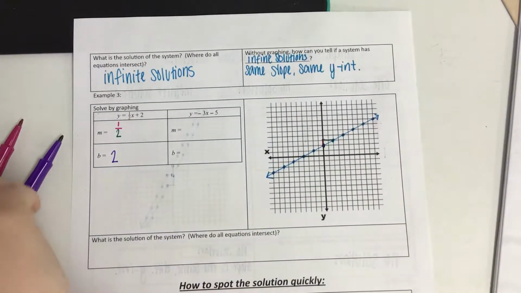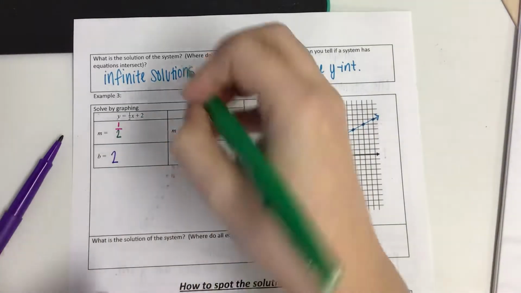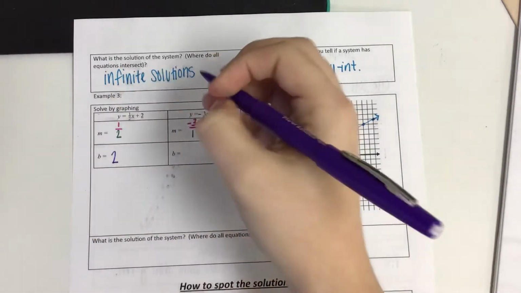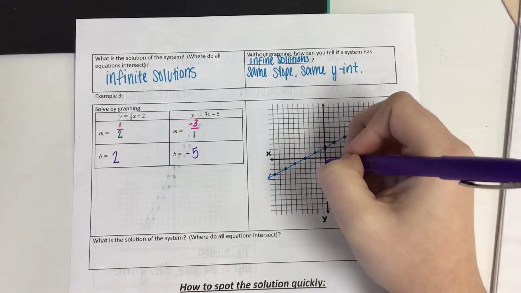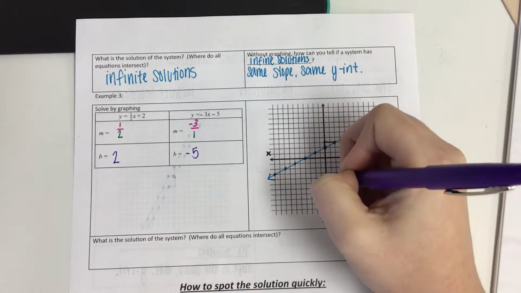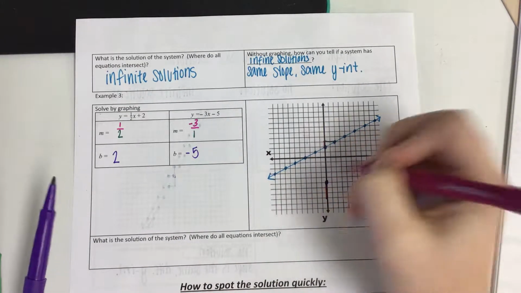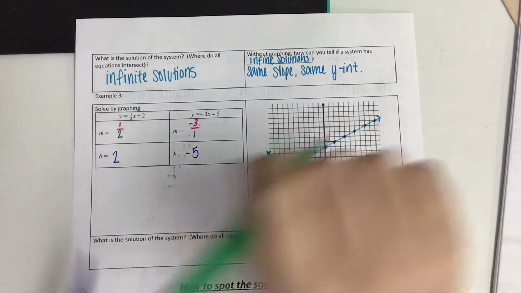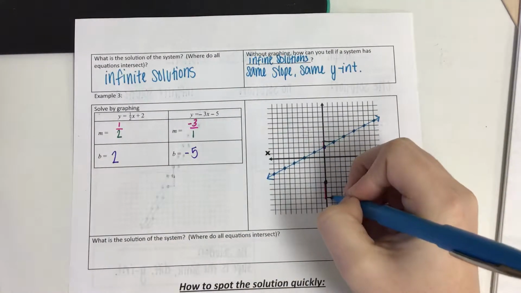For our second equation, our slope is -3/1, and our b is -5. So this one we're going to begin at -5. And we're going to go down 3, right 1. Then we're going to go the opposite direction.